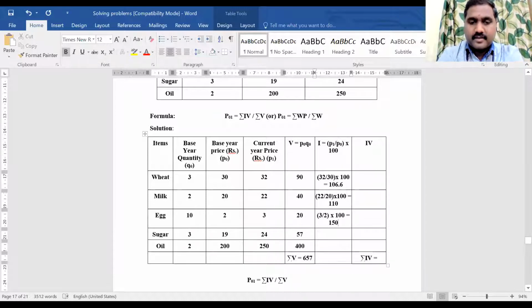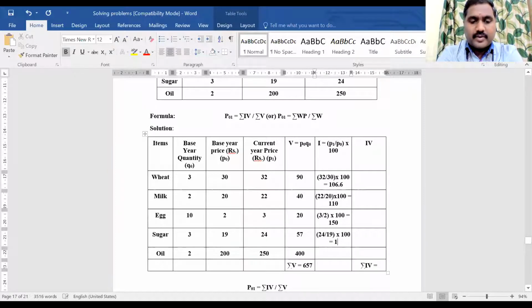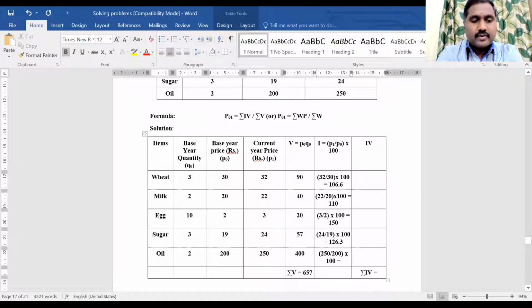Good. And 24 divided by 19 into 100. What is the value? 126.3. Good. Now the last one is 250 divided by 200 into 100, which is equal to 125.